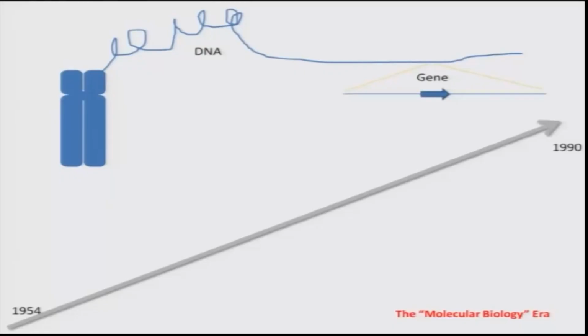So what we are going to discuss now is about 40 years of history, the molecular biology era. That basically laid the foundation for genomics now. Without this revolution of molecular biology, we wouldn't have reached genomics. Let's see how this journey began.